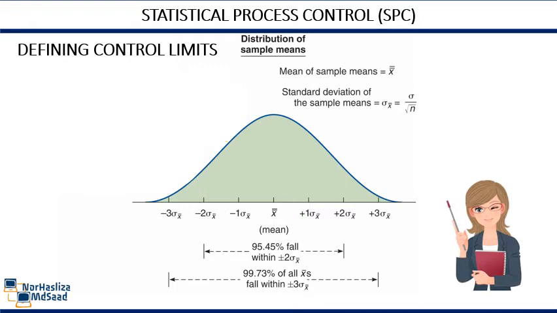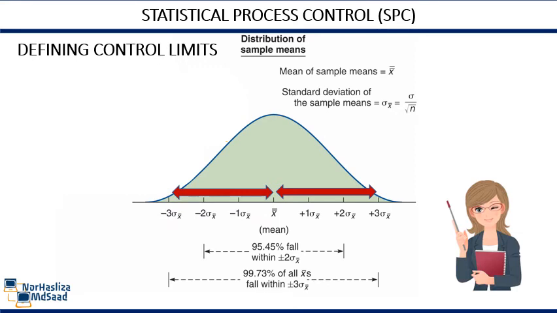Here we have our normal distribution. It's a nice bell curve. If we are trying to capture natural variation, in most cases we define the control limits to be 3 standard deviations above the mean and 3 standard deviations below the mean.